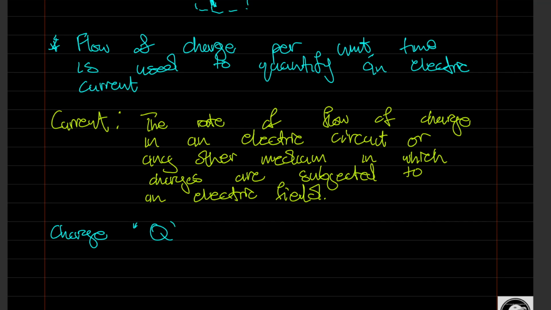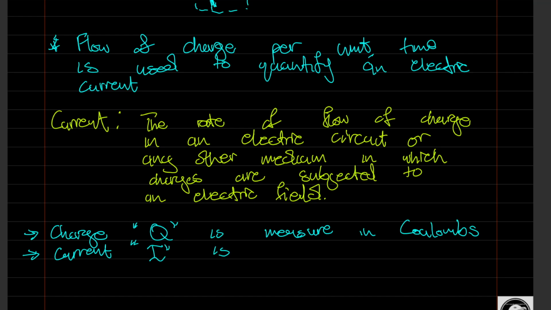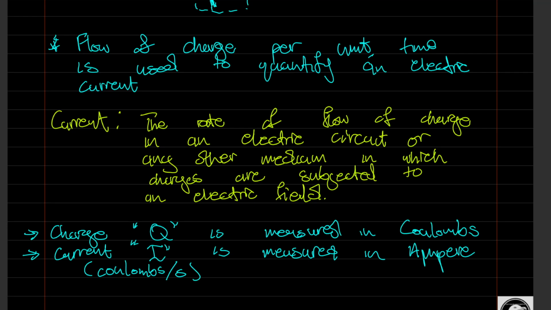Now, we already established that charge, or Q, is measured in coulombs. Meaning that current is measured in amperes, or in other words, as I've mentioned before, coulombs per second, the rate of charge going through that material.